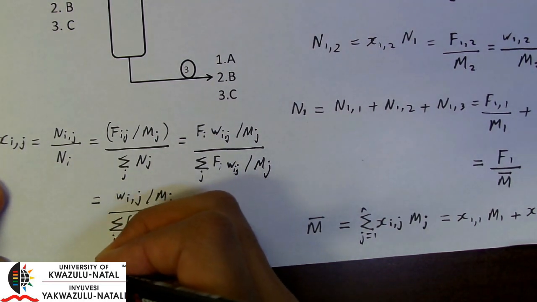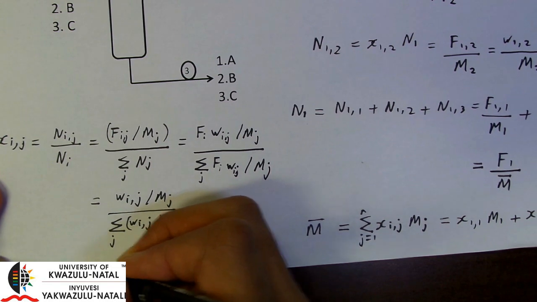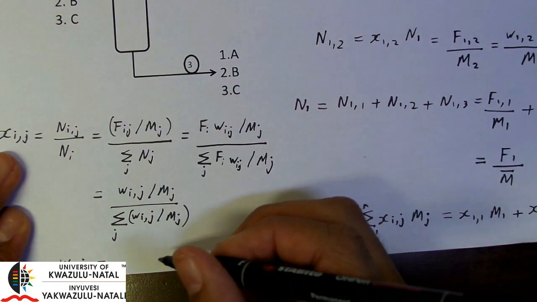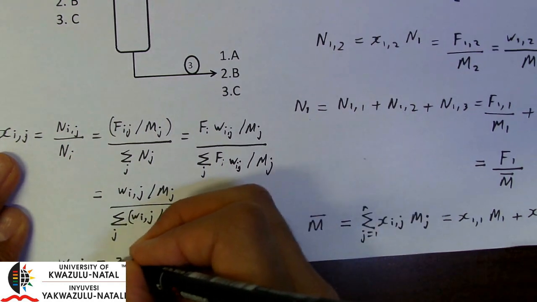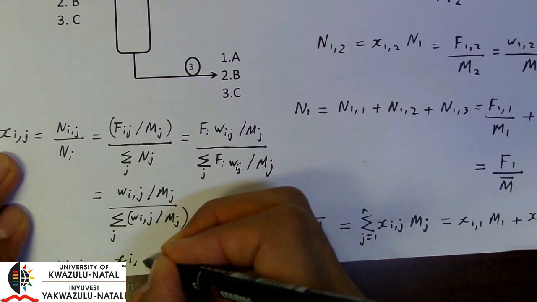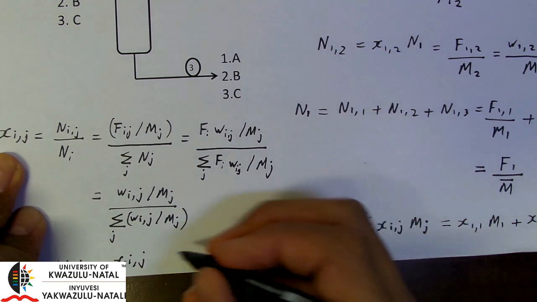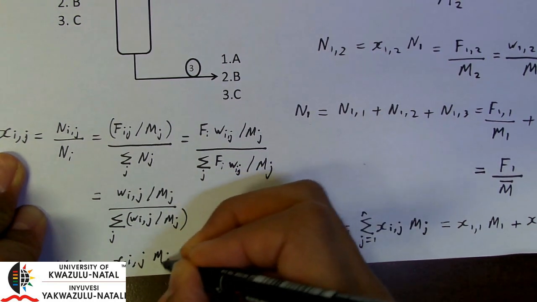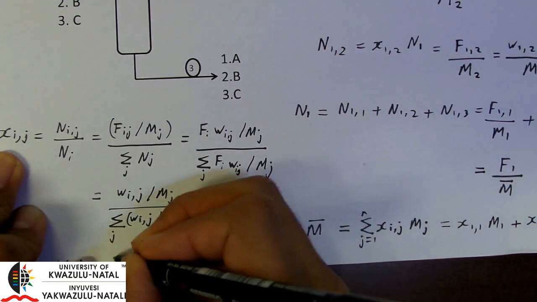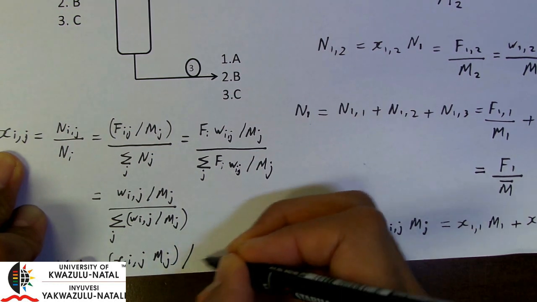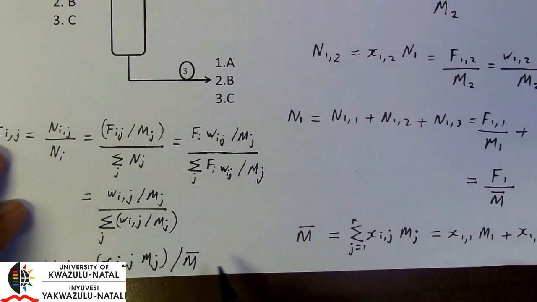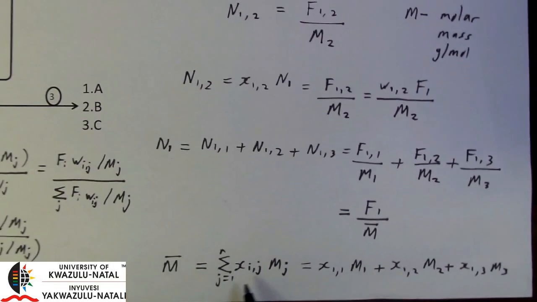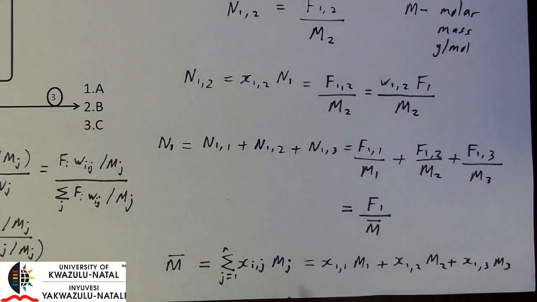Your mass fraction of component J in stream I is equal to Xij times Mj, all divided by m bar, where m bar is your mole weighted average of your molecular masses or molar masses.